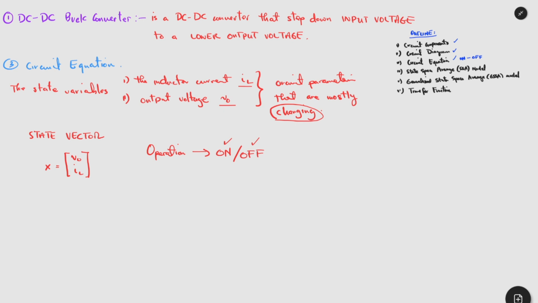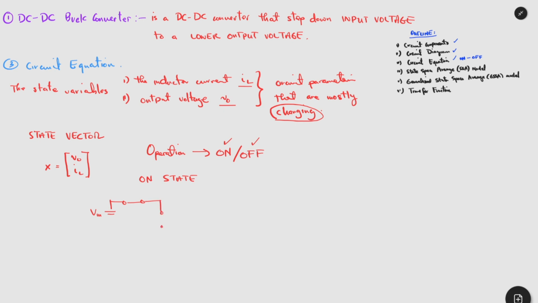In order to understand the on state, I will draw the circuit diagram and we can derive the equation. We have a DC voltage input and the switch, and during the on state we say that the switch is closed.